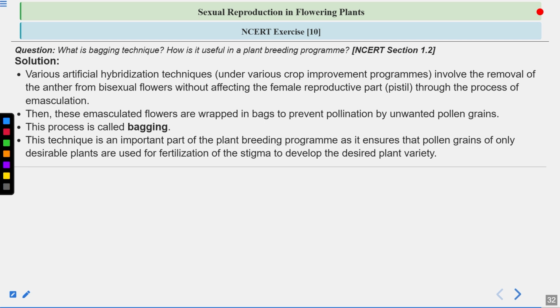You have some desired plant variety, desired pollen grain, that with the help of a brush you will put on that particular flower which you have emasculated, right? And ensure that it is rebagged again. It should be rebagged again.